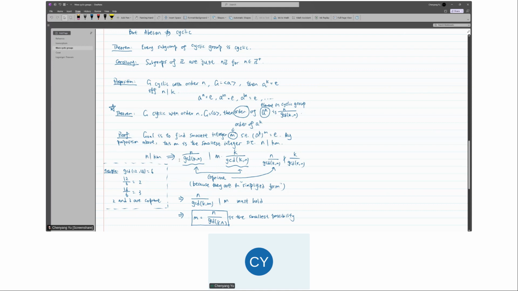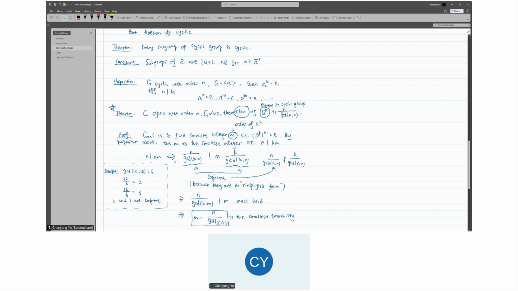So what does it mean? We can divide the GCD of k and n on both sides. We divide this big chunk, the GCD of k and n, on both sides.